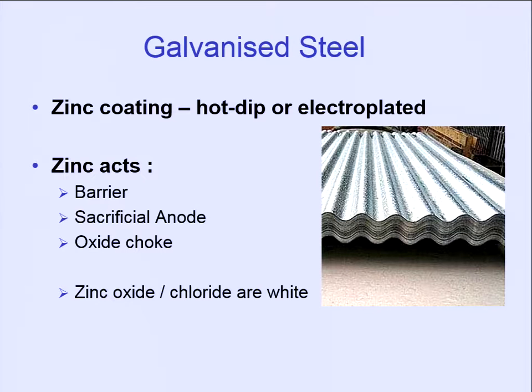So you want the corrosion product to be white, and then it doesn't show up on the hull. So quite a lot of the paints that are used for shipping contain zinc as an additive. Some of them also have aluminium in it as an alternative, but zinc is quite often used. And it gives you this barrier, sacrificial anode, oxide choke sort of operation, which is very useful.